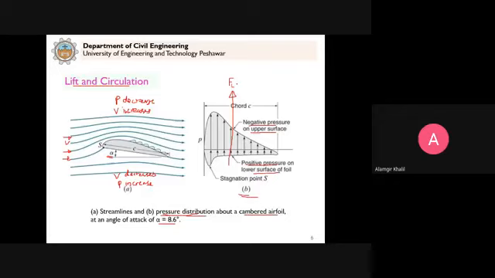But this is not always the case. Remember, we already discussed the effect of shape on forces acting on bodies immersed in fluids.